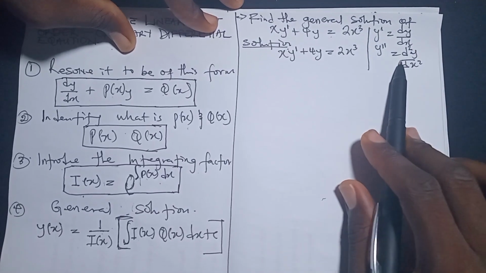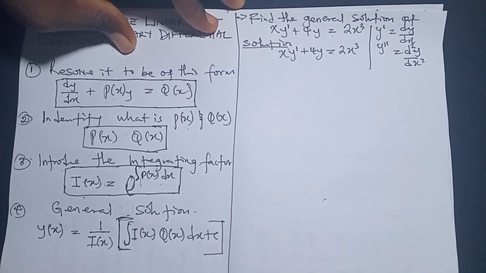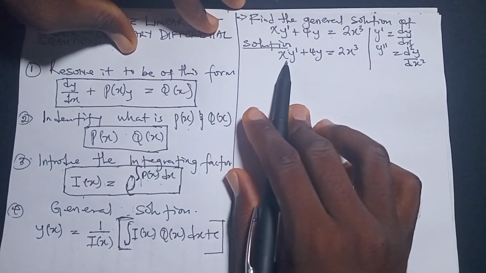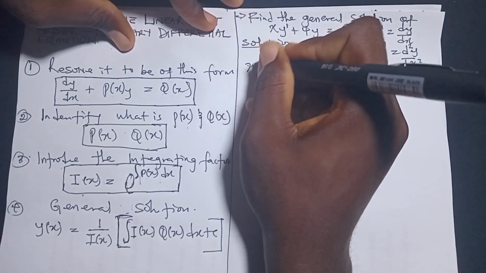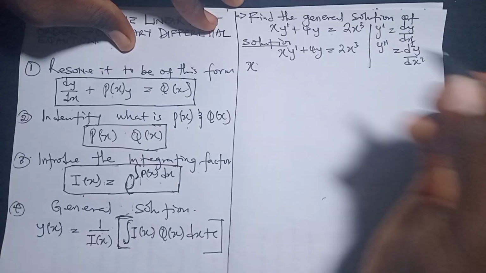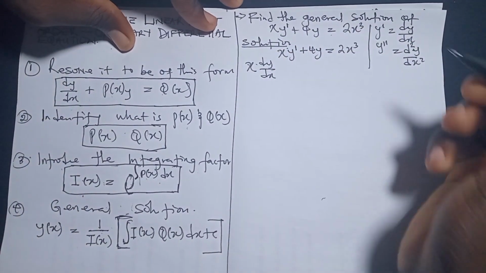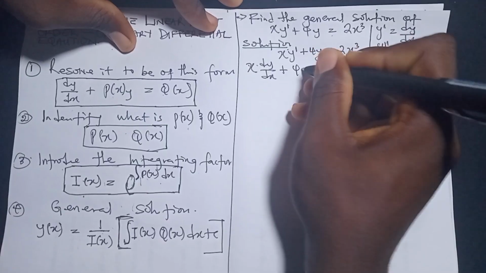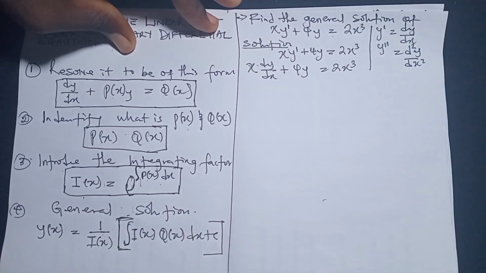That's the second order, and it's still the same for y prime prime prime. So this y prime is still the same thing as dy dx, plus 4y equal to 2x cubed.